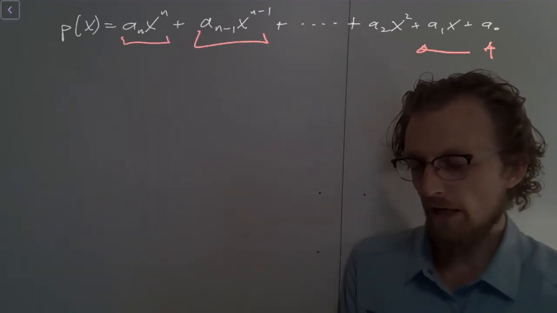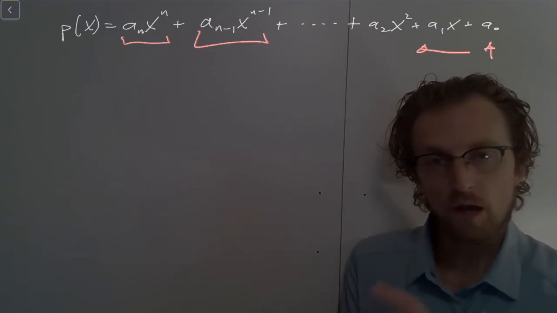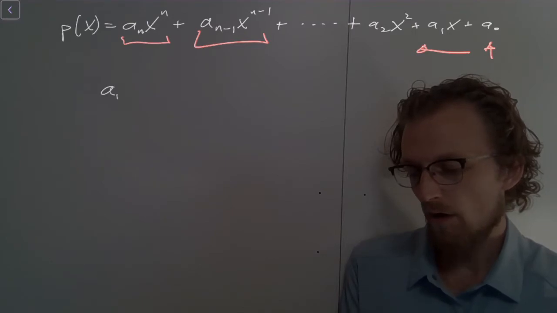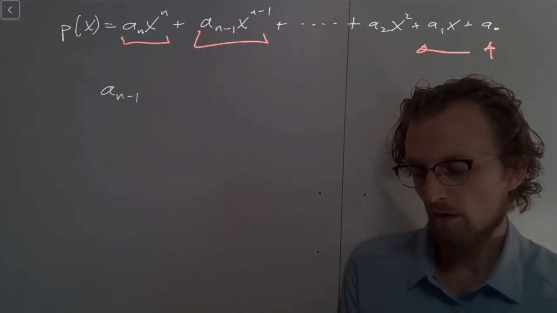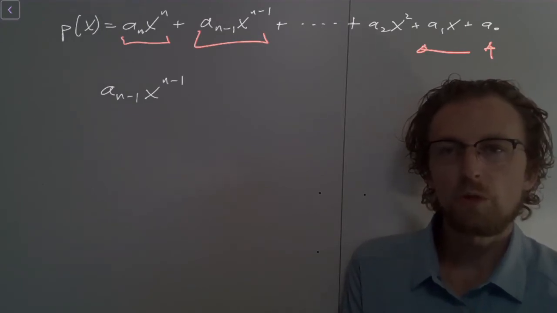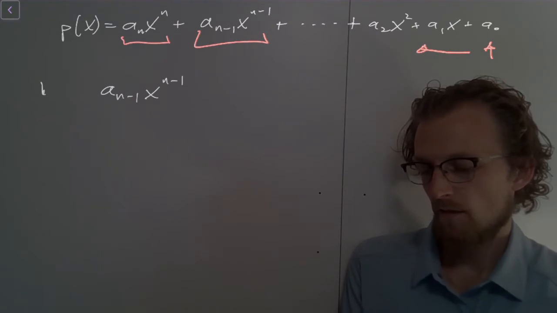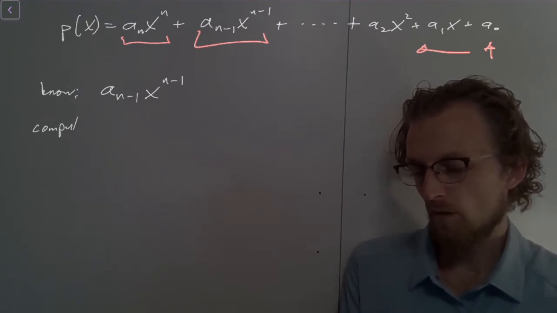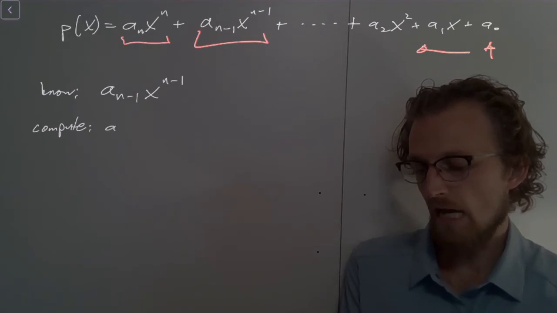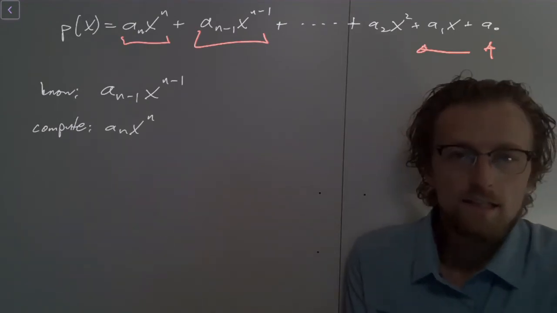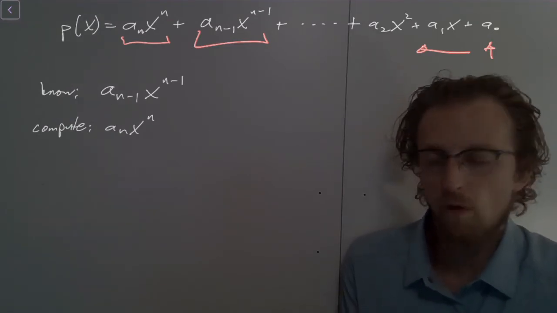Suppose that you know a_(n-1) times x to the n minus 1. And now you want to compute a_n x to the n. What is x to the n? What's another way of writing this?